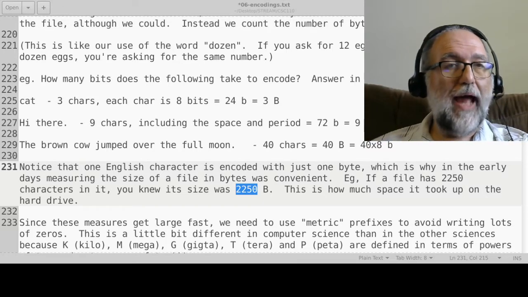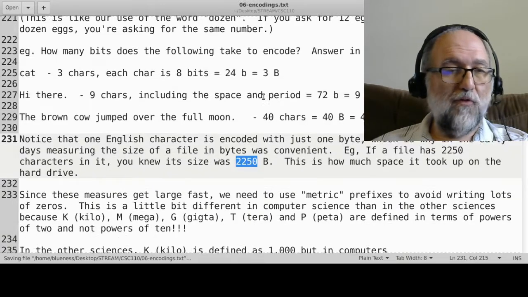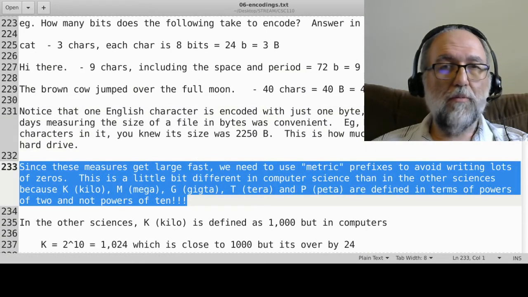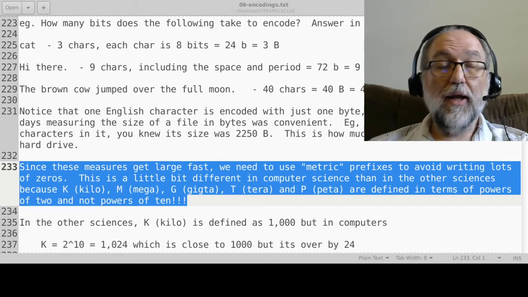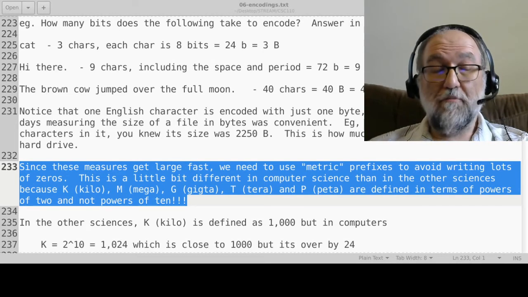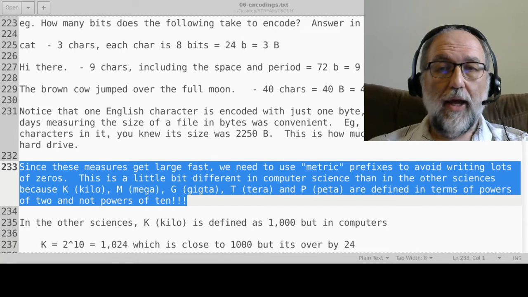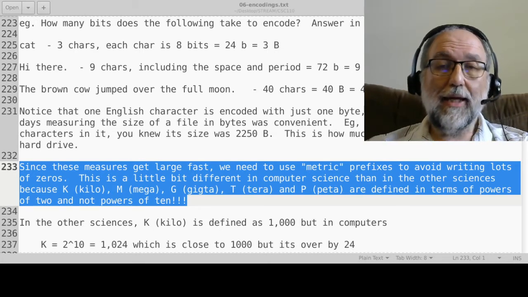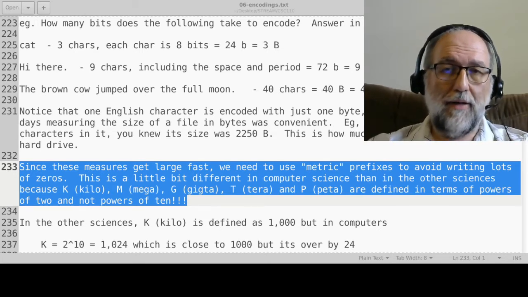All right, now before we look at the other encodings, because we're going to be doing word problems with these, let me just tell you that these numbers get big very fast. Okay, and so another thing that you need to know is not just bits and bytes, but also kilobytes and megabytes and gigabytes and terabytes and petabytes.